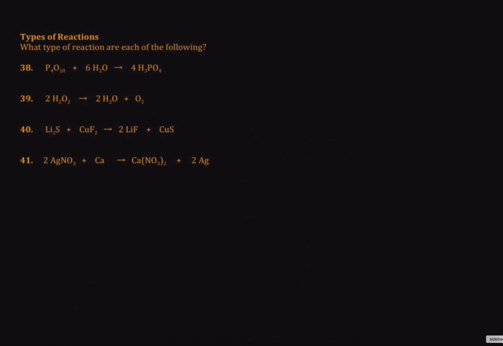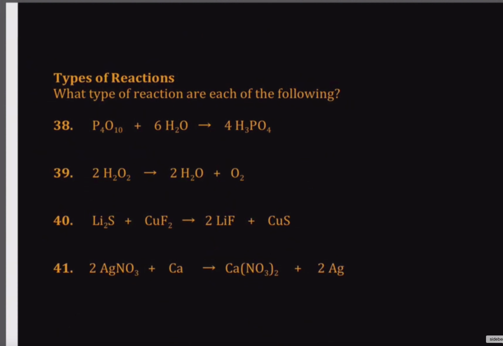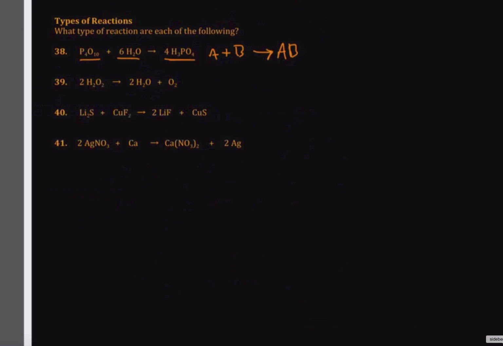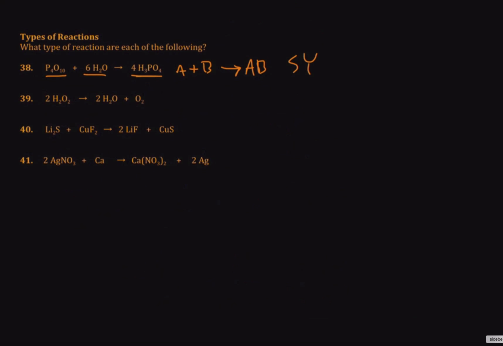Okay, so classifying the types of reactions. In the first one, we have two reactants and one product. That follows the general formula of A plus B produces AB. Anytime you have multiple reactants and a single product, that's called synthesis or combination, but we usually use synthesis.